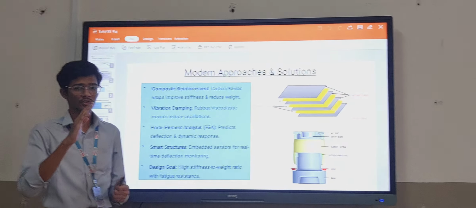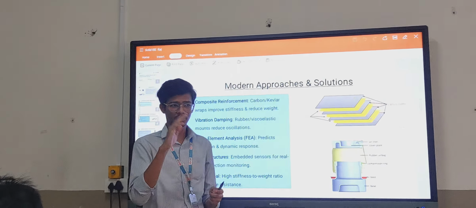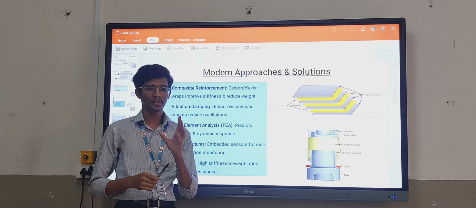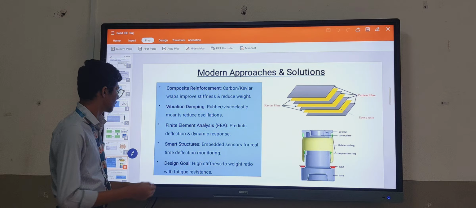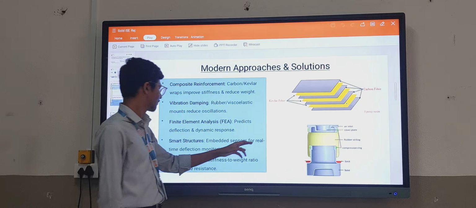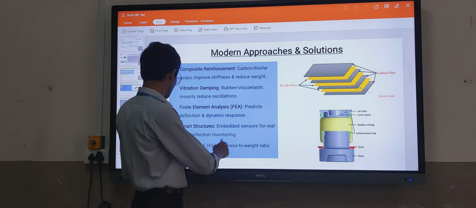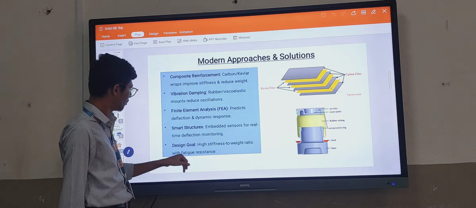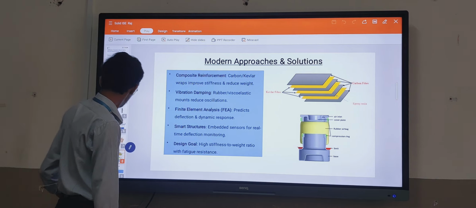The antenna oscillates in this way, so we can reduce the oscillation with the help of rubber. Also, in smart structures, inner sensors provide real-time deflection monitoring. Design goals are a high stiffness-to-weight ratio with fatigue resistance.